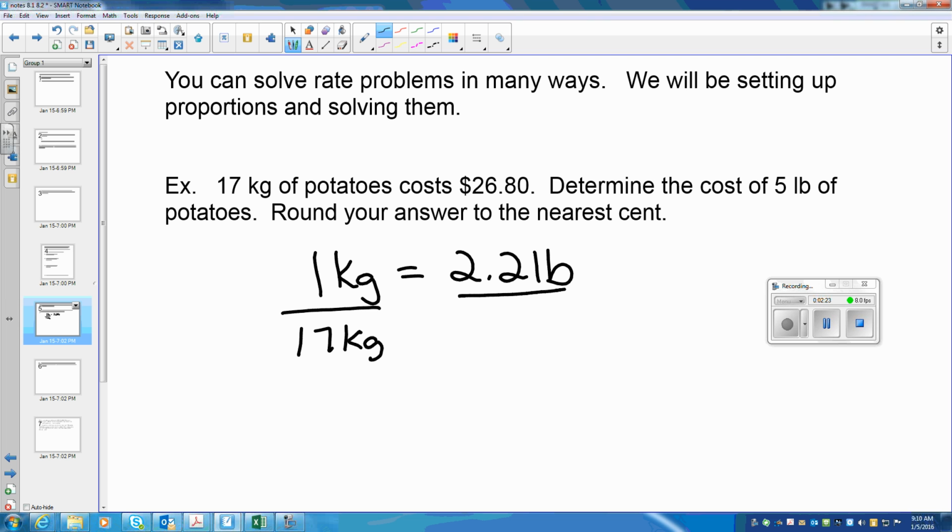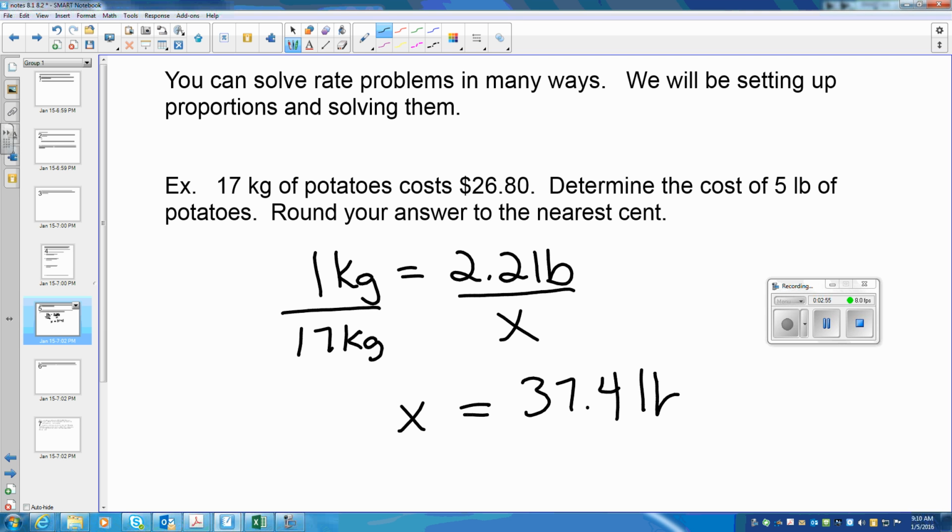And I want to know X amount of pounds, right? So what you do? You cross multiply. I get X pounds is equal to 17 times 2.2. 17 times 2.2, someone's got to help me here. Good, 37.4. Now this answer is in pounds.